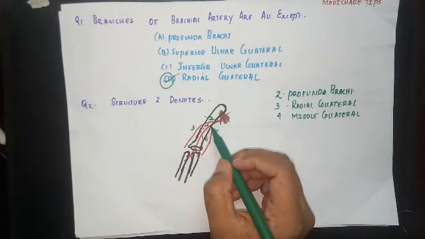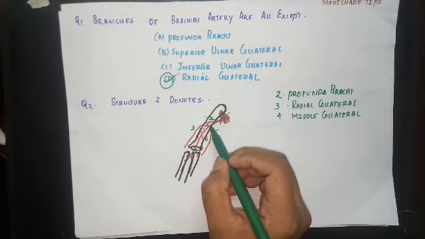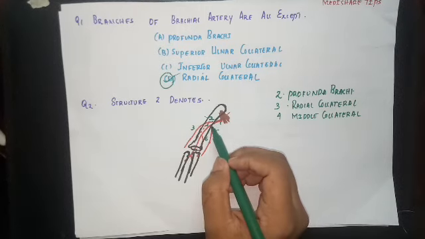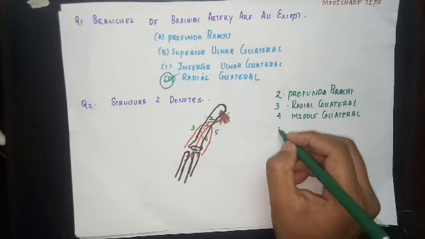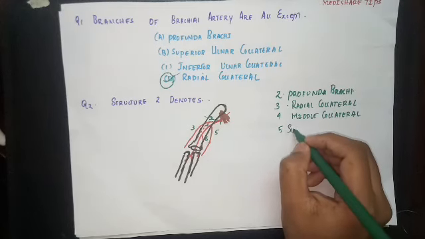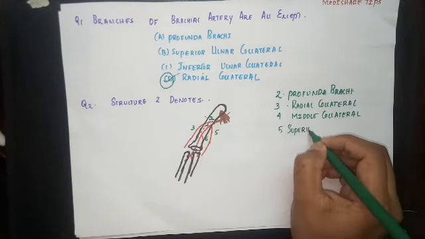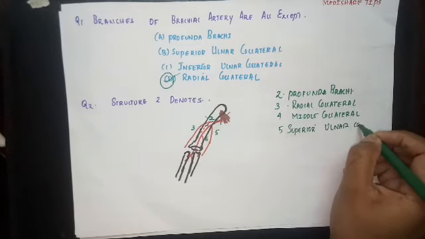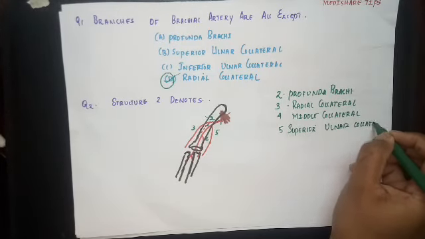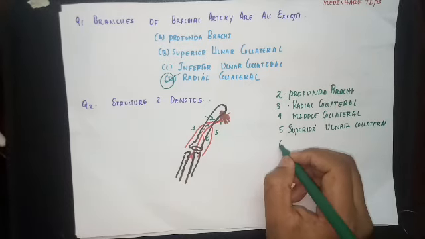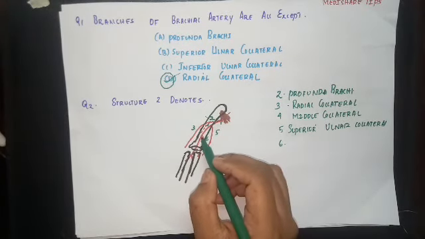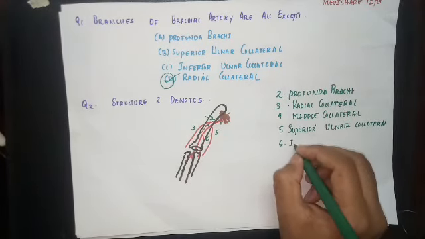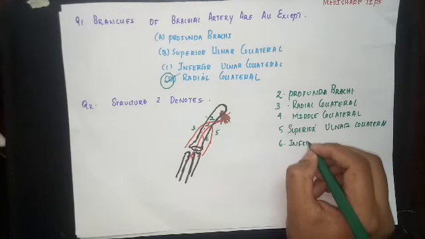And the fifth artery is the one which is arising from the brachial artery after the profunda brachial artery in the upper part of the arm, that is known as superior ulnar collateral artery. And the sixth one, which is arising from the brachial artery in the lower part of the arm, is inferior ulnar collateral artery.